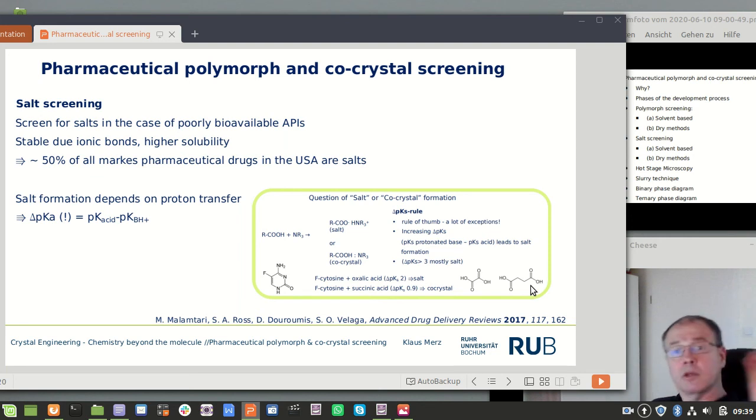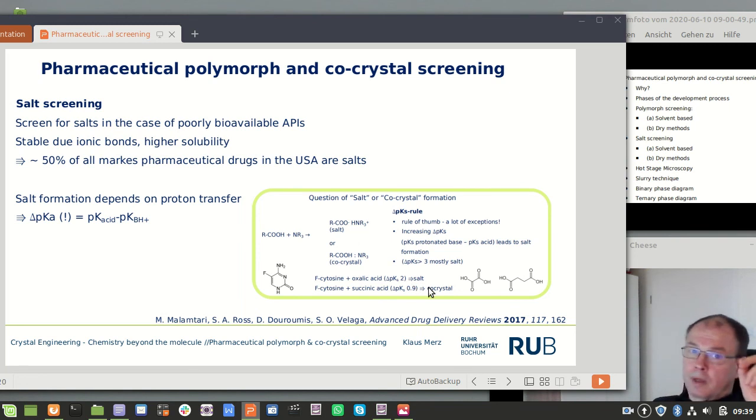And if you look at exactly this equation, so delta pKa, you will see in the case of a co-crystal you have a much lower delta pKa, about 0.9. In the case of a salt, you have about 2.